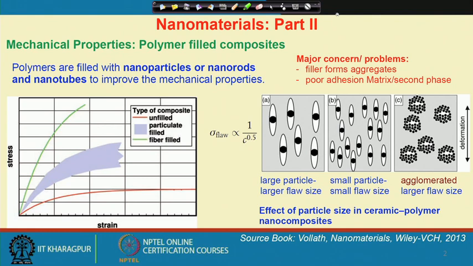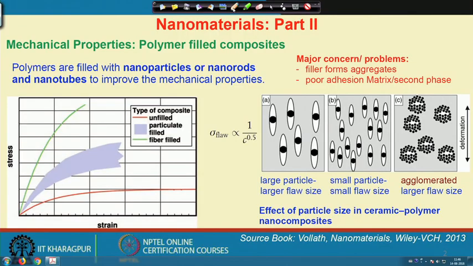Now, usually when we produce a nanocomposite by mixing a polymer matrix along with some nanoparticle, we call it a polymer filled composite. We can use different types of second phases with different geometry.